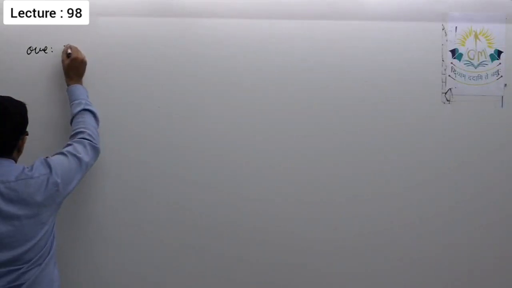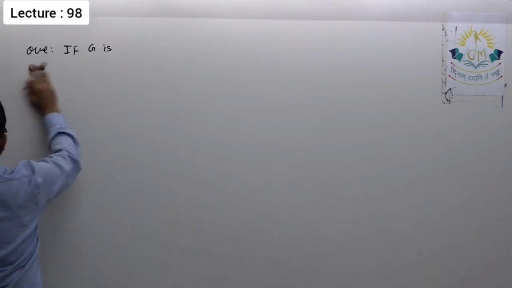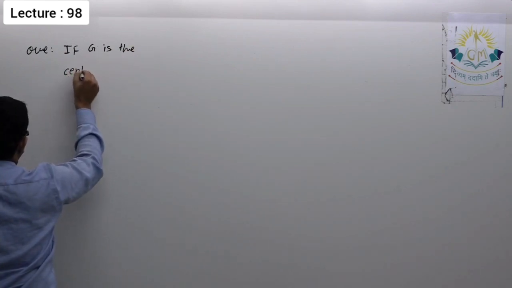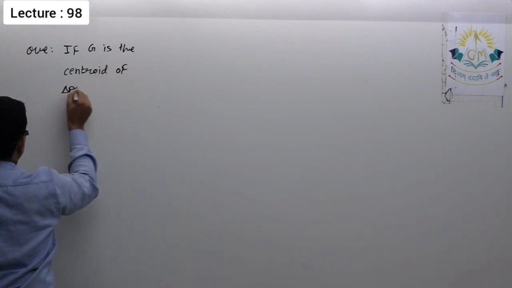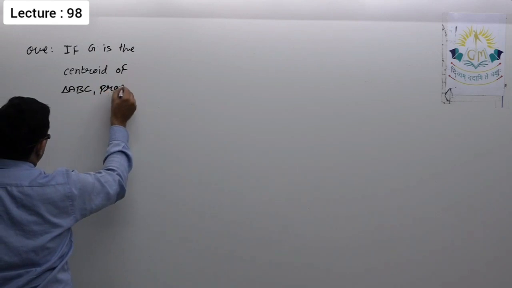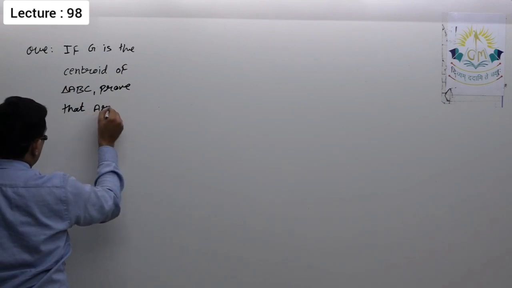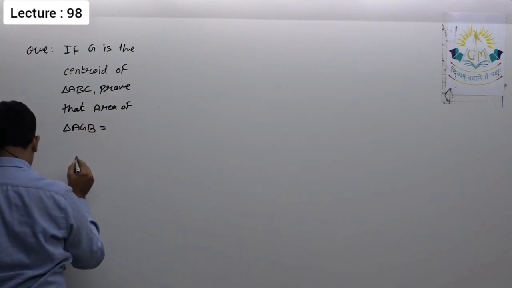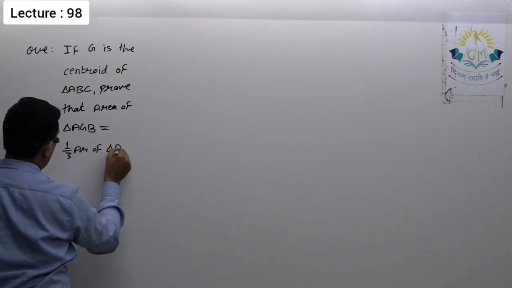If G is the centroid of triangle ABC, prove that area of triangle AGB is equal to 1/3 area of triangle ABC.